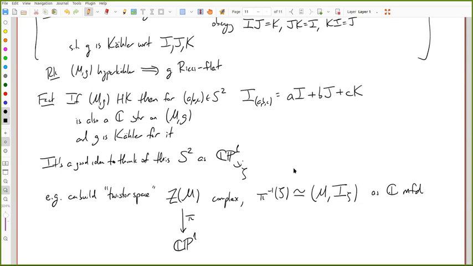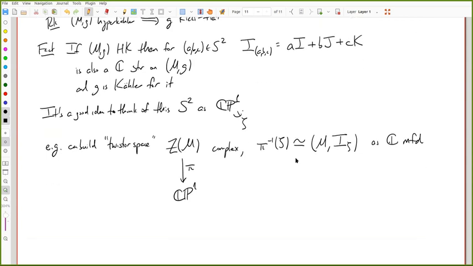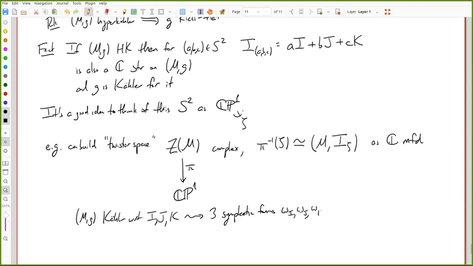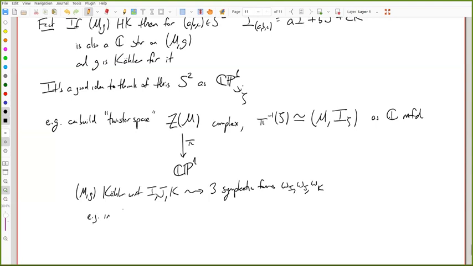And then even a little more is true. Because M, G is Kähler with respect to I, J, K, we have three symplectic forms, the three Kähler forms, call them omega I, omega J, and omega K. And so in each fixed complex structure, for example, in complex structure I, the one we started with, we have the Kähler form omega I, and then we also have two more symplectic forms, and those two symplectic forms get organized into the holomorphic symplectic structure.